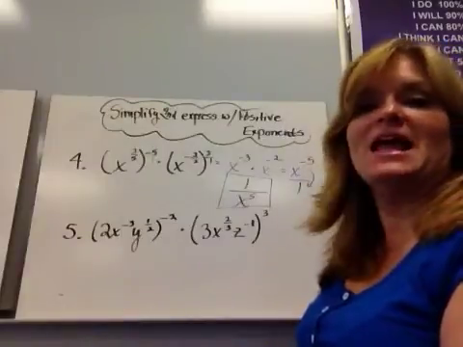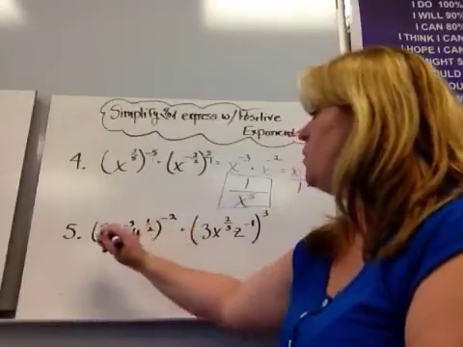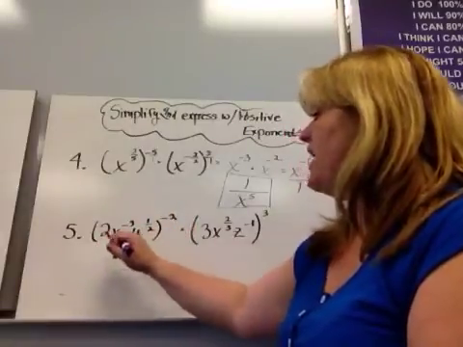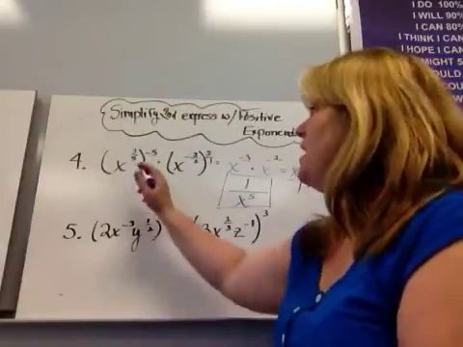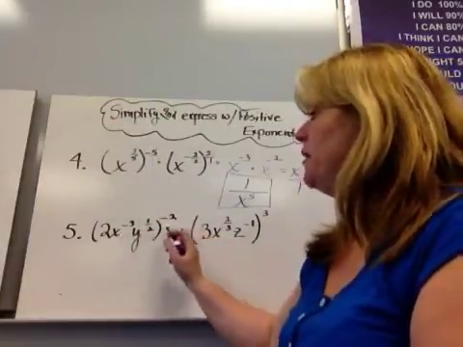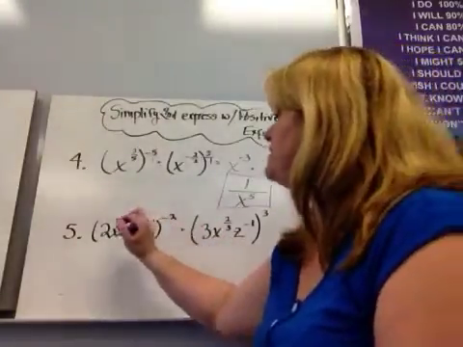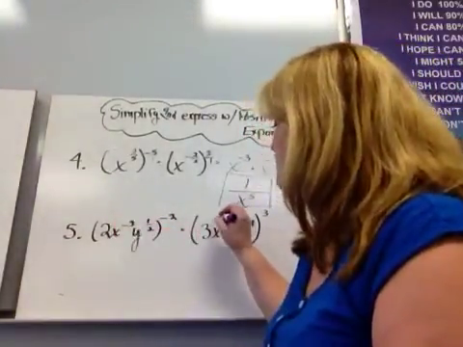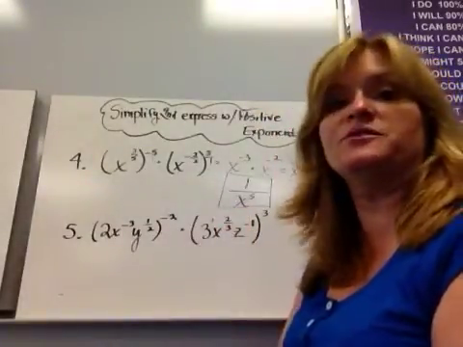All right? And let's do our last example, and I have this whole thing, all these factors are raised to the negative 2. I picked this on purpose because everybody's pretty good at doing power to the power, but they forget the coefficient. This is really raised to the first power, and so is this. So you've got to remember to do that. So let's get rid of the parentheses and do power to the power.